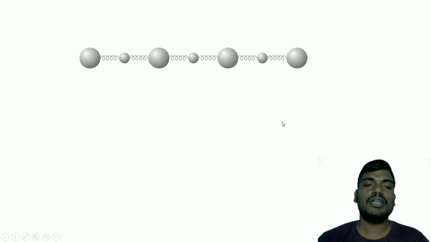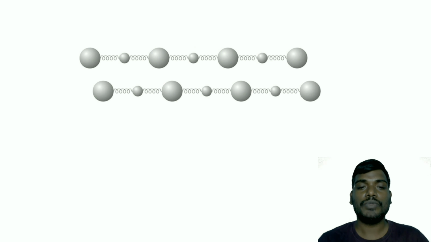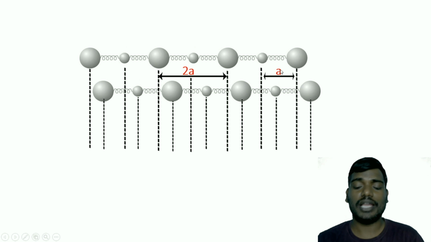The atoms are arranged like this: heavier atom and lighter atom. This particular atom's mass is capital M and this atom's mass is small m. Then the positions are changed like this. The distance between heavier atom and heavier atom is 2a, and between heavier atom and lighter atom is small a.